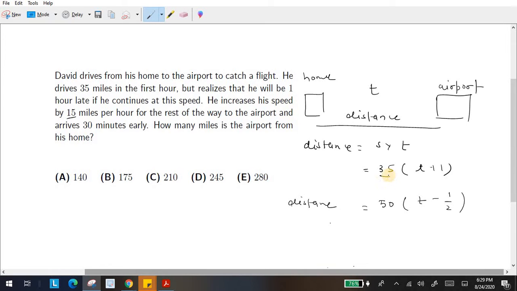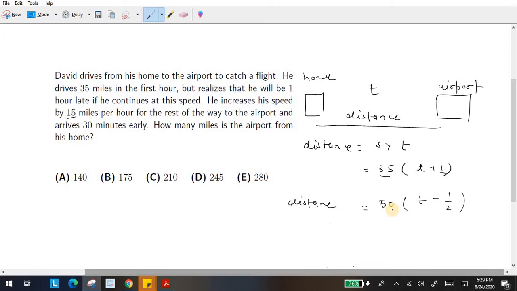See, when he is going with 35 miles per hour, that time he's taking 1 hour extra. Yes, but in the second case, didn't he already go 35 miles before he started at that speed? Yes, so how can we factor that into the equation?